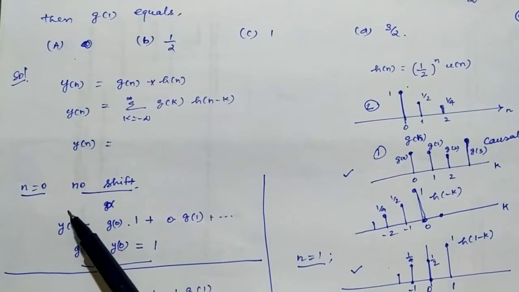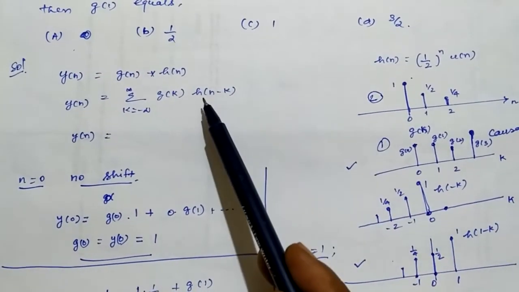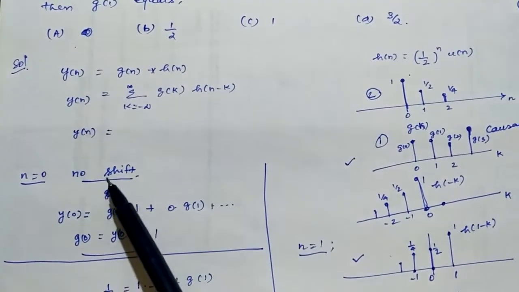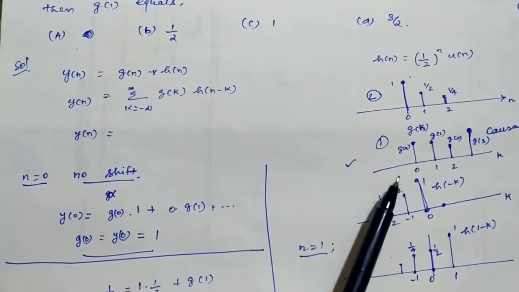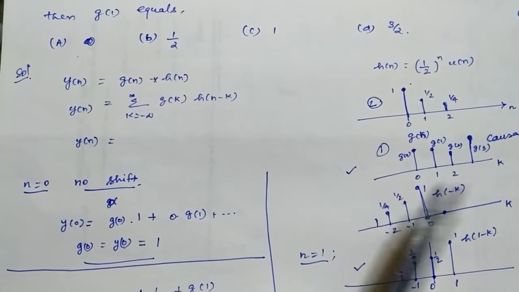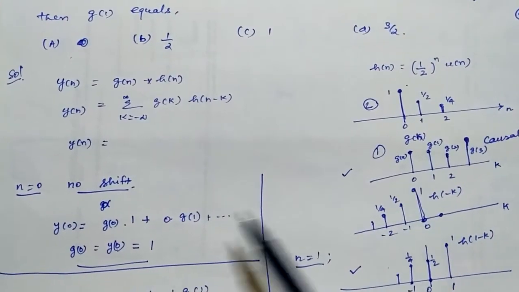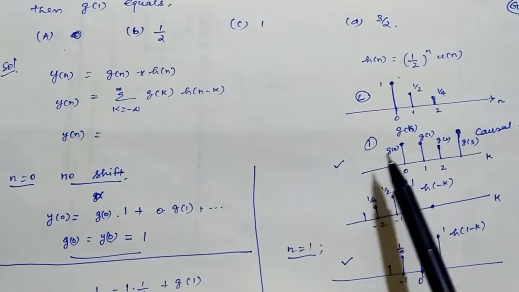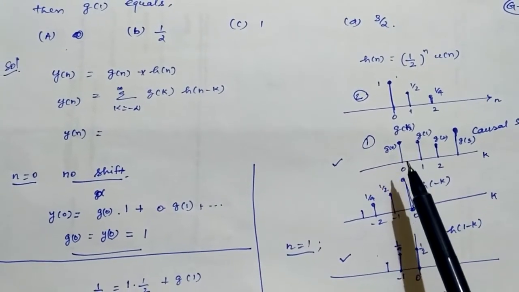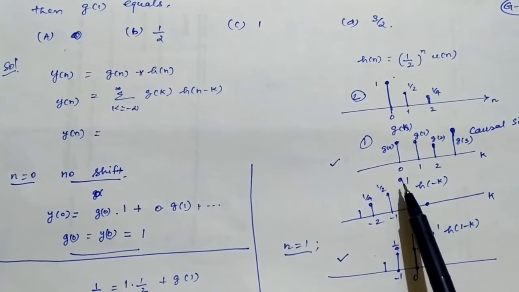When n is equal to 0, what does it mean? There is no shift; the second signal is not shifted, so it is present as it is. So what will be the output? At n equal to 0, y of 0 is equal to g of 0 multiplied by this value. At time 0 the value is 1.